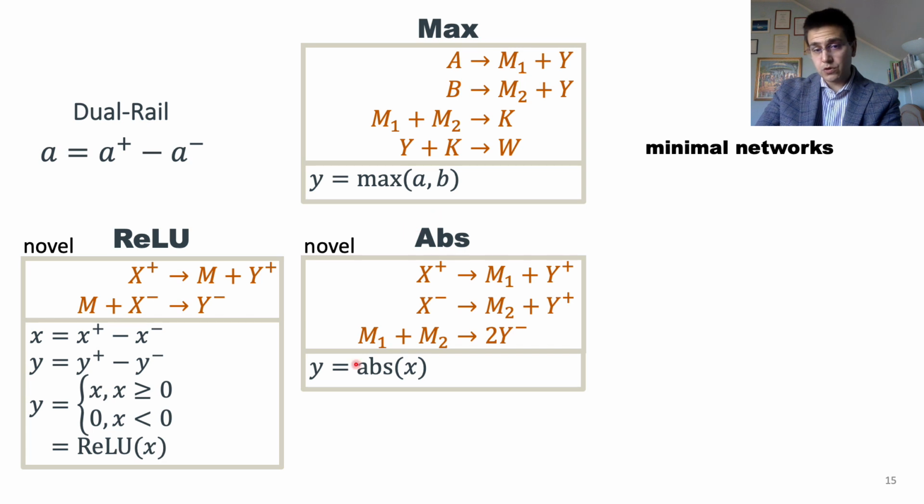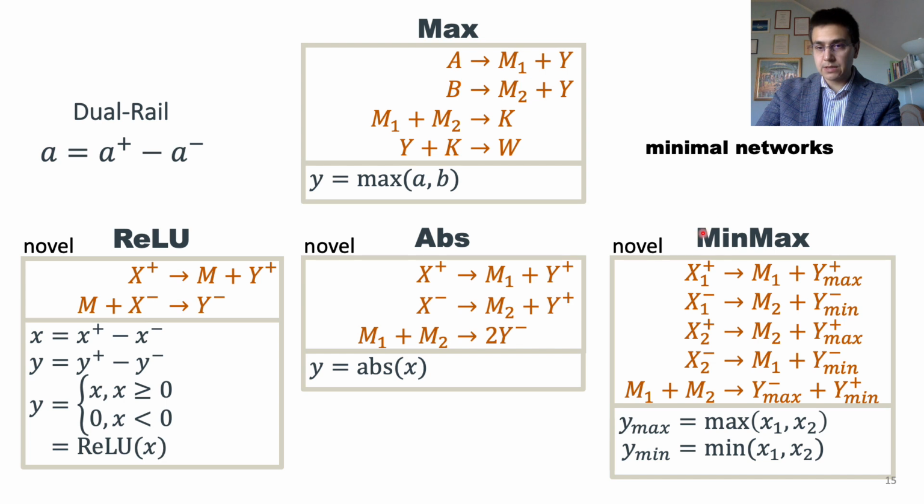Then we also discovered the absolute value function, as well as the min-max CRN. This CRN computes both maximum and minimum, basically one CRN that has two outputs, maximum and minimum. And it's more compact than having these functions separate.